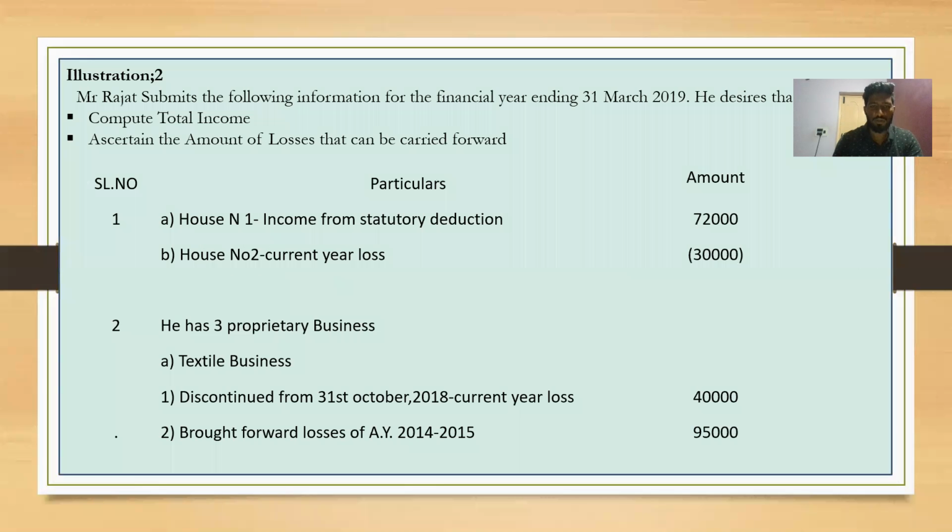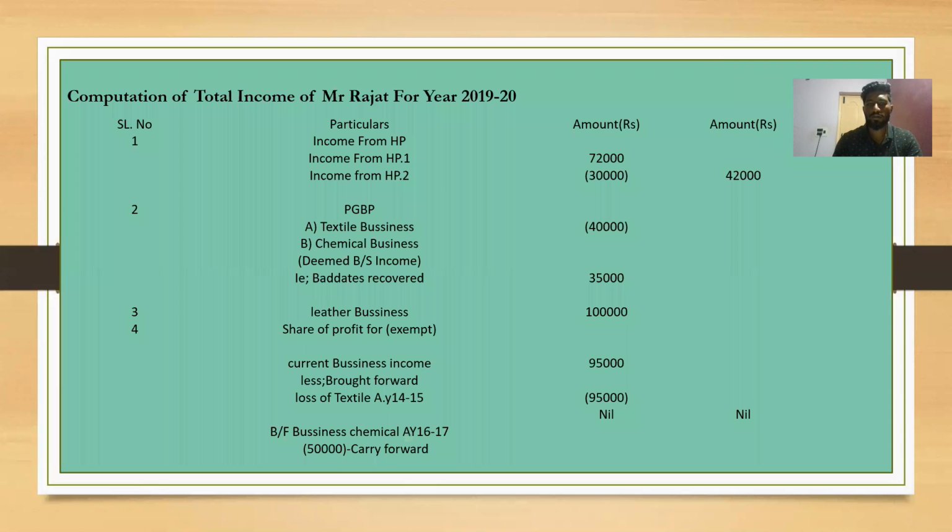We also have a loss occurring in the current year of 30,000 rupees. So we are setting off the loss against the income from house property, which is 72,000 minus 30,000.